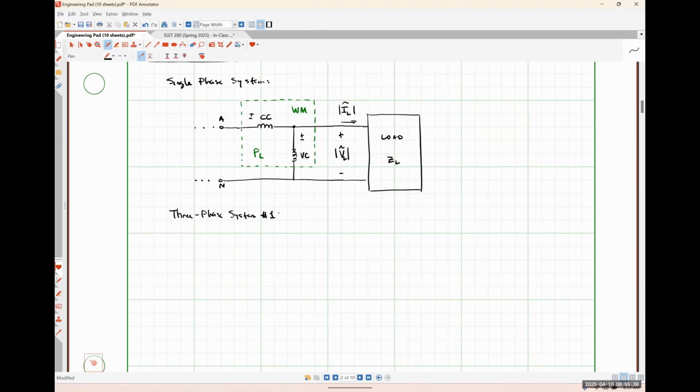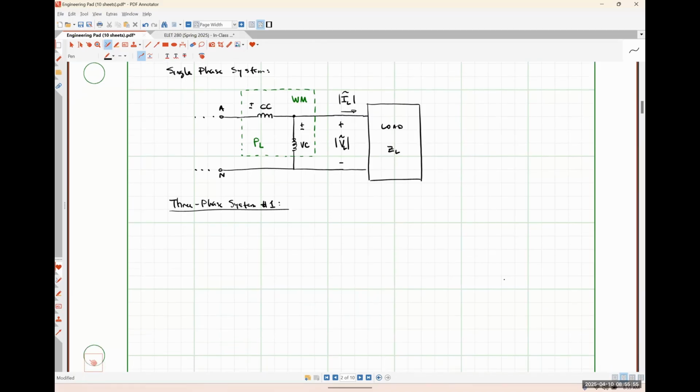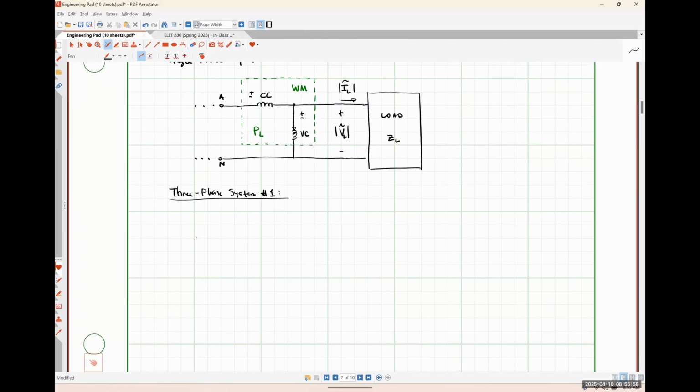I'm going to put this as three-phase system number one, because we're going to explore a few different connections that we can use. This three-phase system number one is literally just the exact same thing we've done up here, except applying it to all three phases. So we might have something like this. Here's our current coil on the A phase, and then our voltage coil on the A phase.